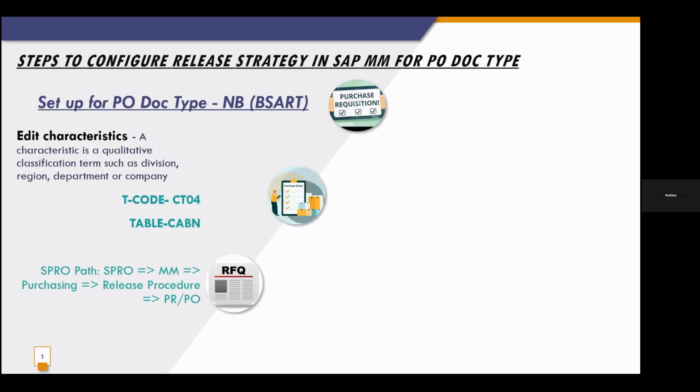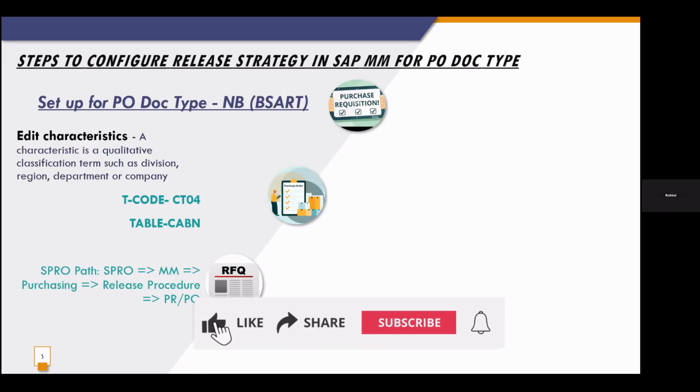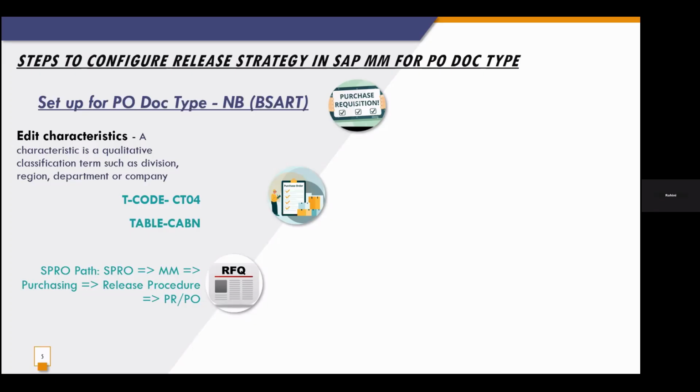And also we have a SPRO path, that is SPRO, SAP Reference IMG, material master, purchasing and release procedure. It's for PO. And the next step is edit class. A class groups together similar objects described by the same characteristics.